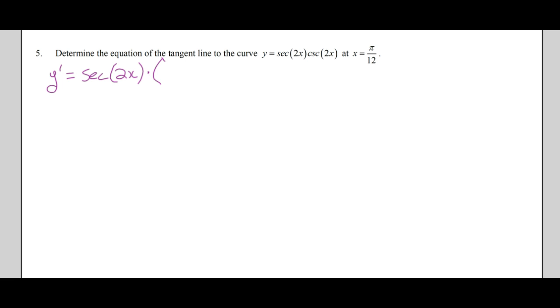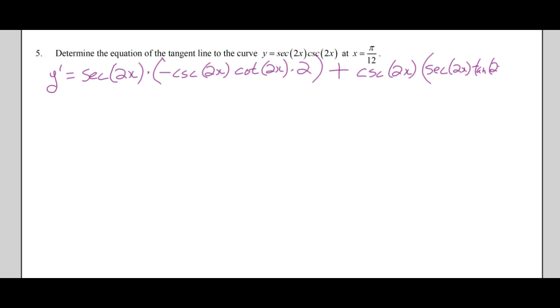Minus cosecant 2x cotangent 2x times 2, plus cosecant 2x times the derivative of secant, which is sec 2x. Okay, so far so good? So it's f of x times g prime of x plus g of x times f prime of x.